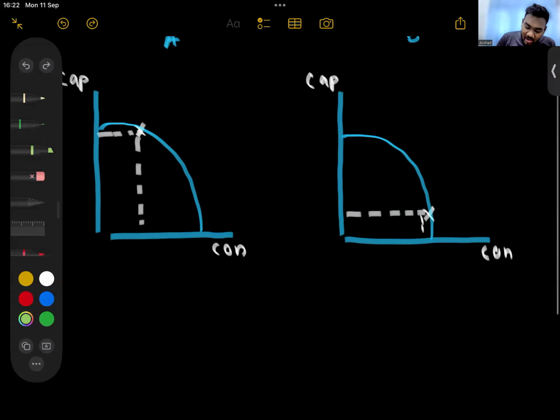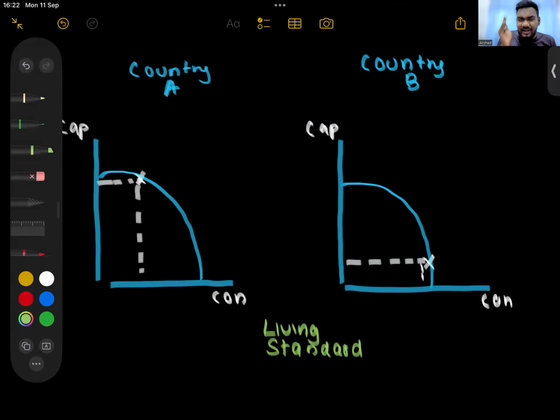So if you talk about present living standard, what can we say? Country A is producing very little consumer goods. They are producing machines and factories. So their current living standard is comparatively low. But if you take country B, who is producing a lot of consumer goods, so they are producing clothes, vehicles, maybe for daily travel, mobile phones, laptops, right?